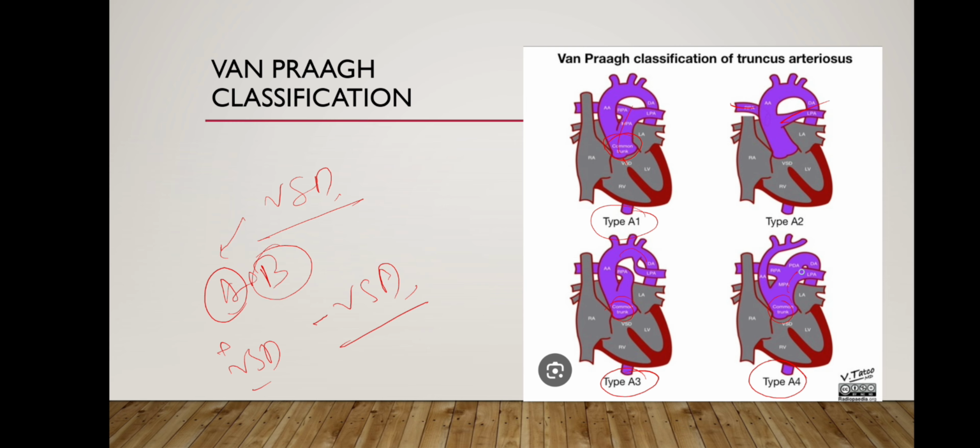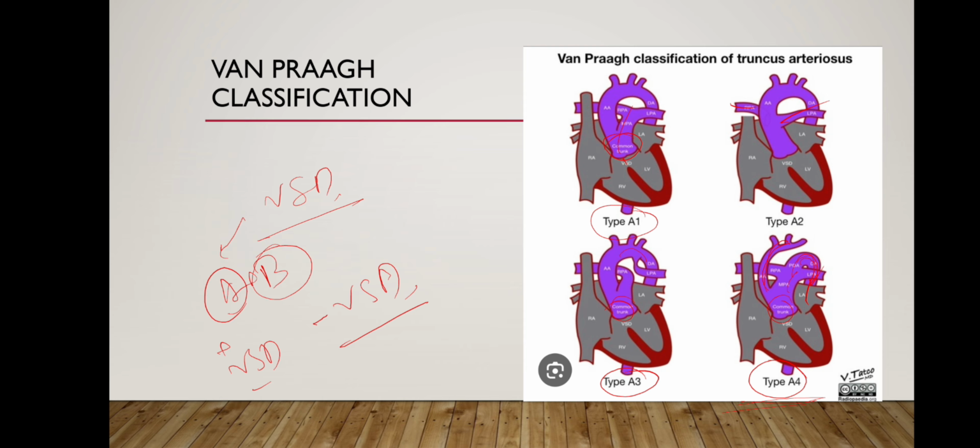This is the most severe and most difficult type. So this is the Van Praagh classification.